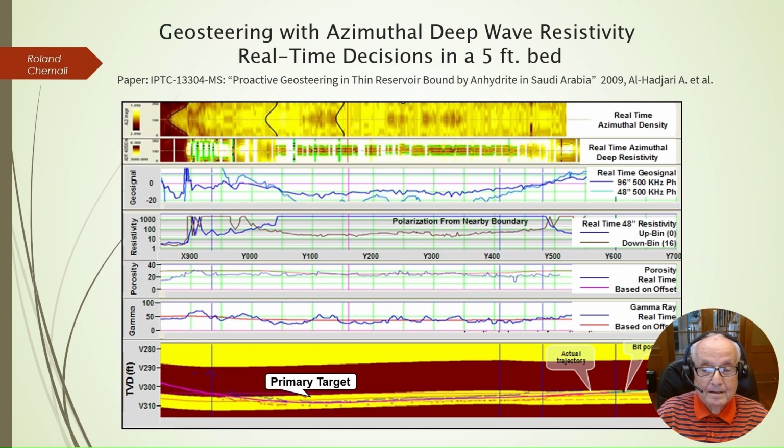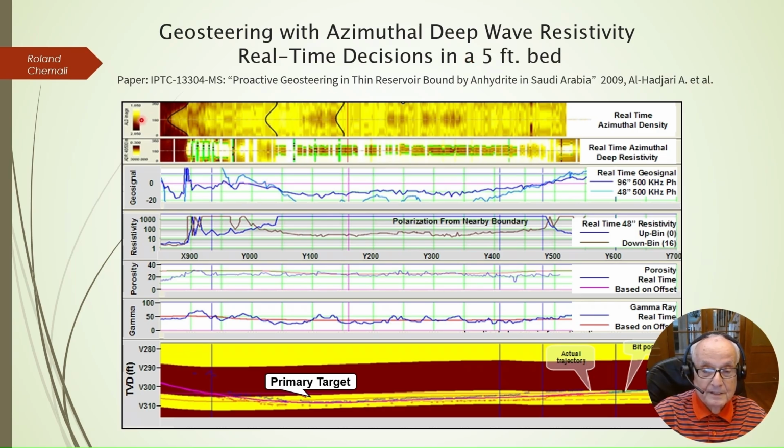Here is an example that we published, a paper at IPTC in 2009, where the paper was proactive geosteering in thin reservoir bound by anhydrite in Saudi Arabia. The operator wanted to make sure that we could maintain the well within a 10-foot bed. And we said, of course, let's try it.